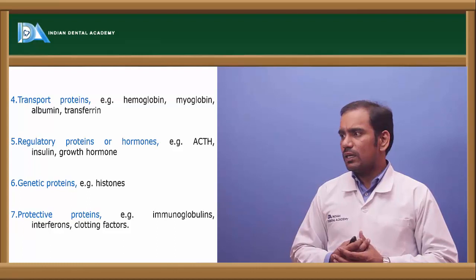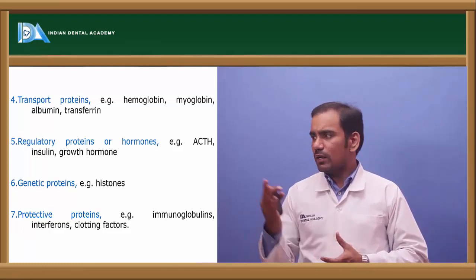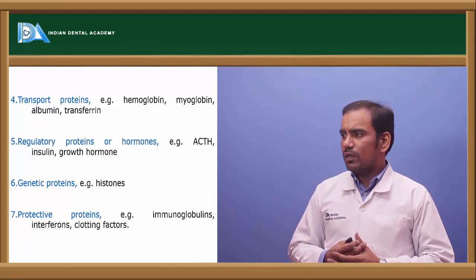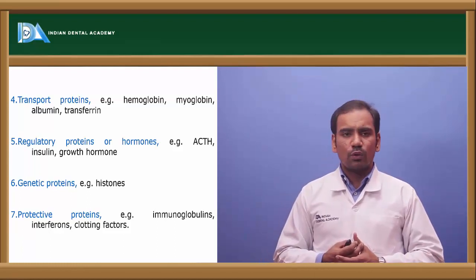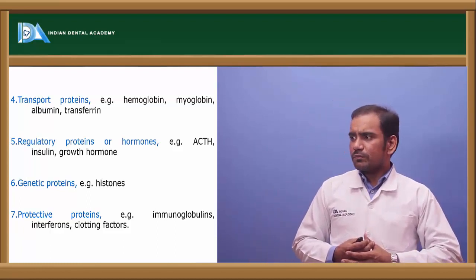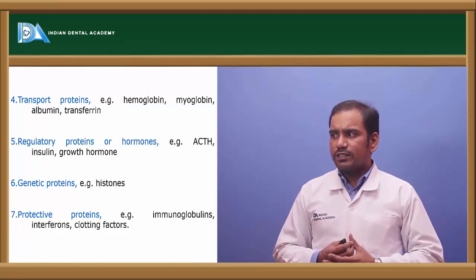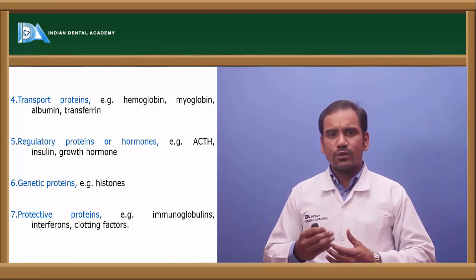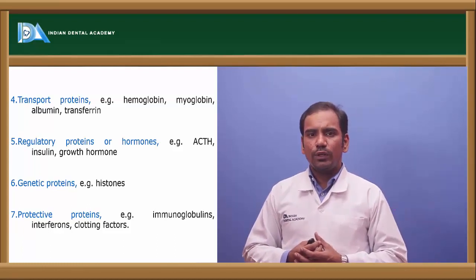So those are called as the regulatory proteins, or simply you can call them as hormones, right? So all the hormones, they come under regulatory proteins like thyroid hormones, insulin hormone, growth hormone, ACTH. So all those are the regulatory proteins.